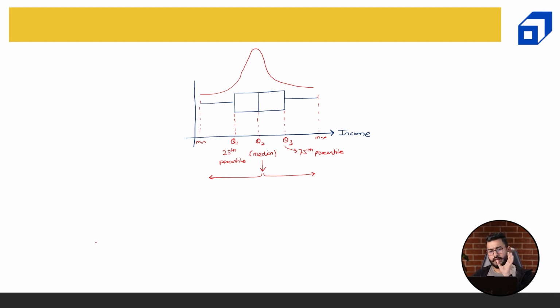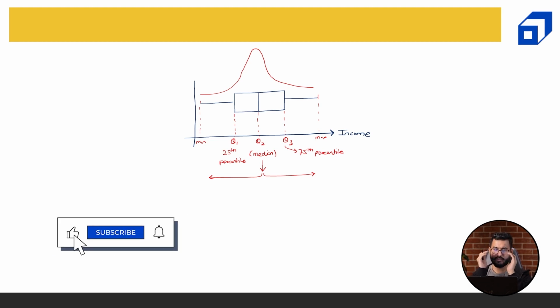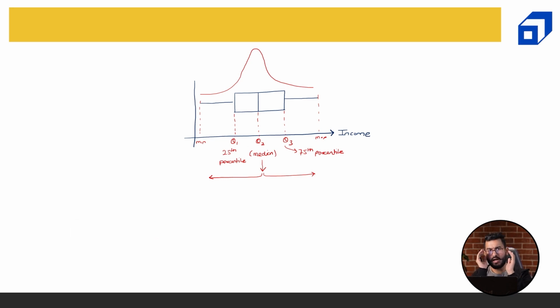So if I want to derive some inference out of this box plot, I would essentially say that we are having a good amount of customers in the mid range, around 50%. So this box in the middle represents half of your customers.